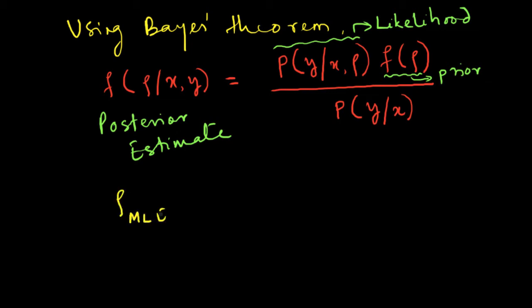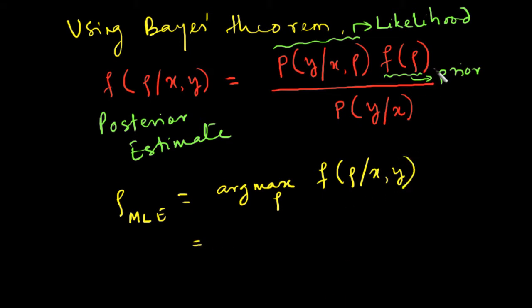The MLE estimate is equal to argmax over rho of the distribution f of rho given x comma y, and so this is equal to the argmax of this quantity over all possible values of rho.